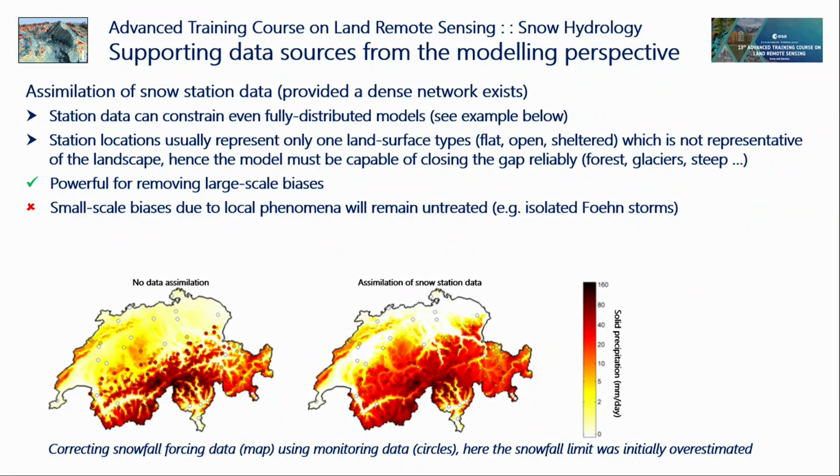So what we needed to do is correct the temperature on the fly with data assimilation to bring the snowfall further down the valley, and finally that resulted in that pattern over here. It's just based on 400 stations. It's not like a fully gridded solution, but you could achieve a fairly good match.